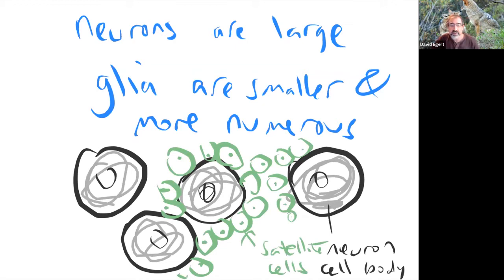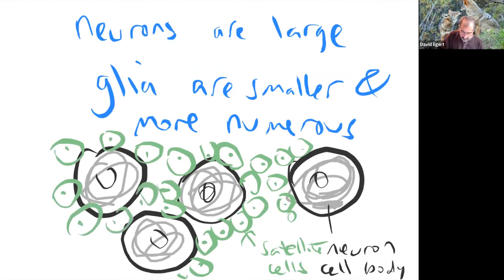You can see they're called satellite cells because they're like the little moons orbiting around Jupiter. So this would be a ganglion, right? Because a collection of neuron cell bodies in the peripheral nervous system is a ganglion.